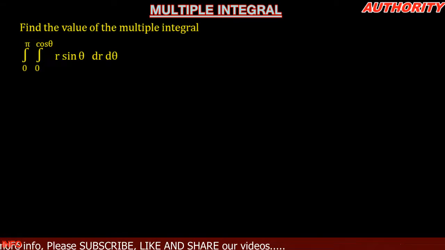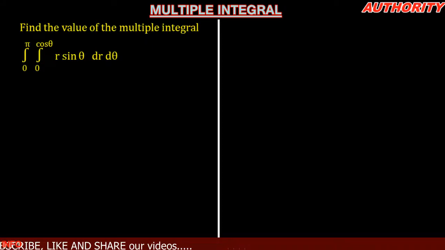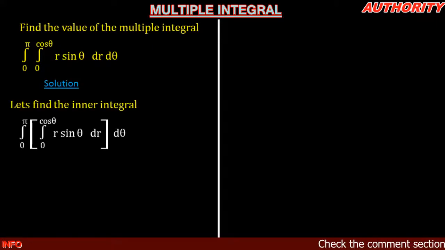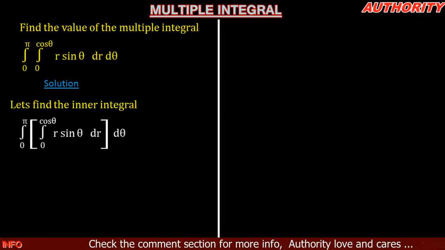In this case, the first range 0 to pi is for theta, and 0 to cos theta is for r.